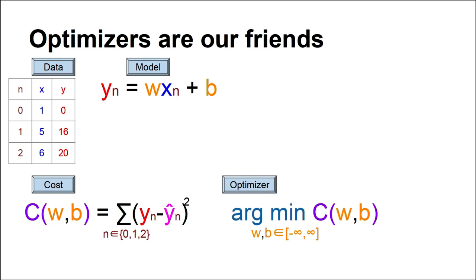For this, we need the optimizer, because whereas you can keep trying different values of b and w, finding the best values that will give you the optimal cost, which ideally is 0, is not a simple problem. The formal way to say this is that we want to find the minimal value of the cost over all possible values of our parameters, which are w and b.